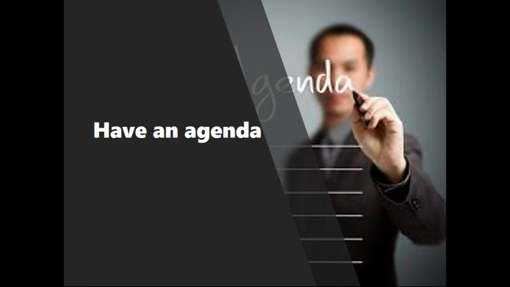So it's fair and reasonable that you have an agenda. Now, it doesn't have to be a long agenda, just an agenda, and you wouldn't necessarily need to have the same agenda for every meeting because hopefully there'll be other things on the agenda. So the things that need to be discussed, remember the balance between reporting and discussion, those things should go on the agenda as well, so that basically everybody knows what's happening.